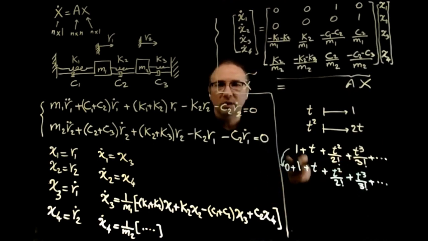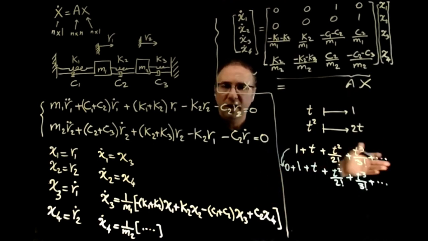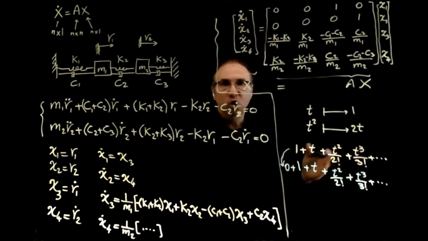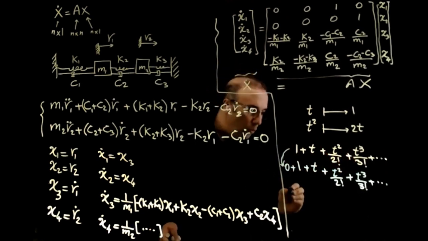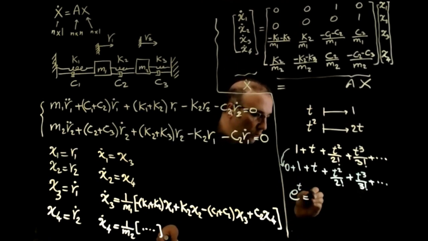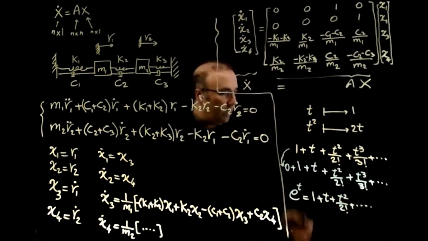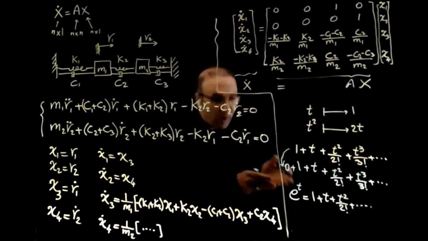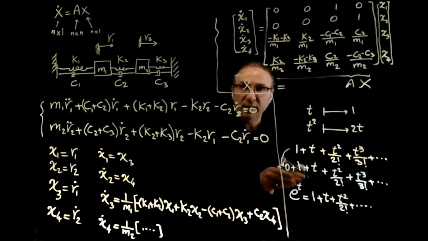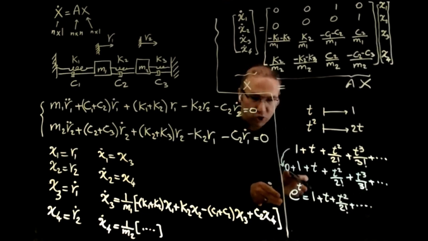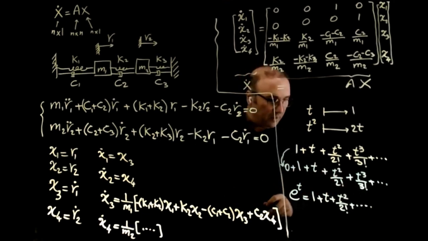And it turns out to be 2.71 something. And that is not a rational number. And we call that e. So e to the power of t would be 1 plus t plus t squared over 2 factorial plus all the other terms. You can get this from the Taylor series when you know that the exponential e to the power of t has derivative just e to the power of t itself.